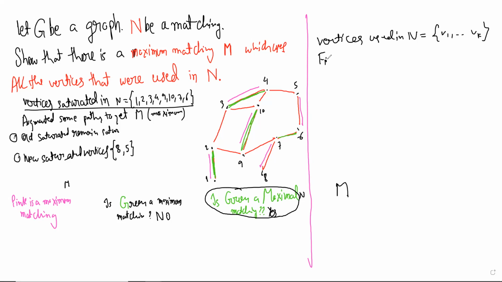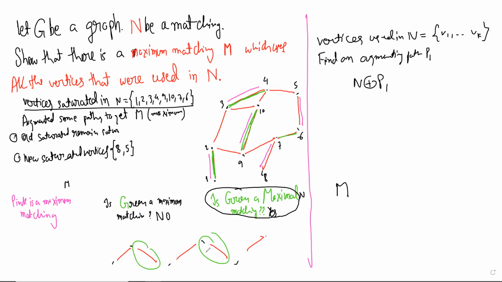So let's say find an augmenting path first, augmenting path P1, and augment the path with N, meaning you know what to do. So in N, you will maybe see something like this, and let's say this is the path in N. So this is an augmenting path, right?